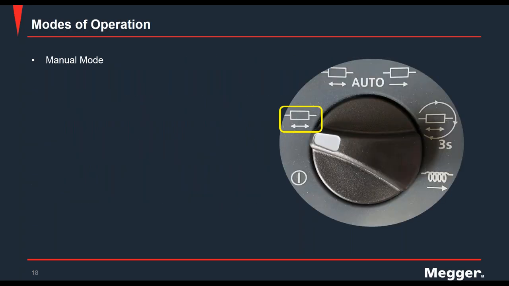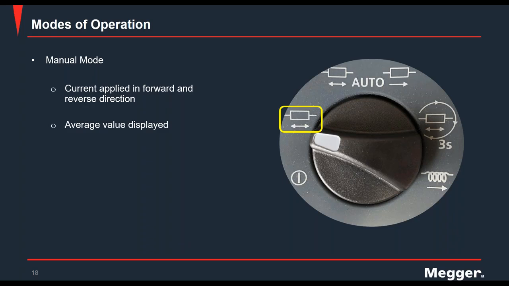So let's look at modes of operation of a low resistance tester. Here we have the manual mode. In the manual mode, current is applied in the forward and reverse direction. As you can see on the right side of your screen, the picture has a bidirectional arrow, which shows that the test current is applied in the forward and reverse direction.